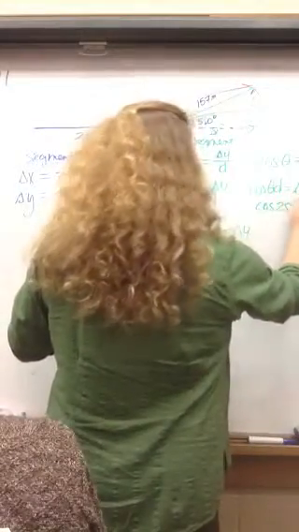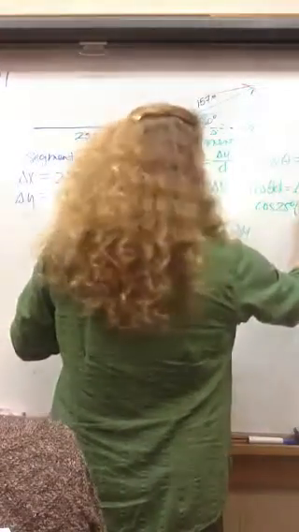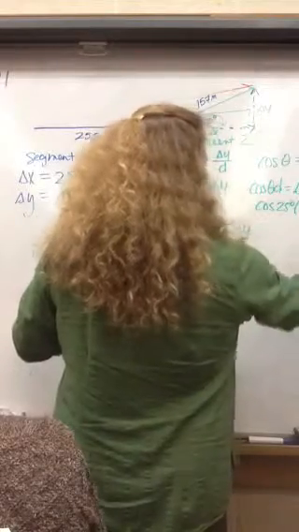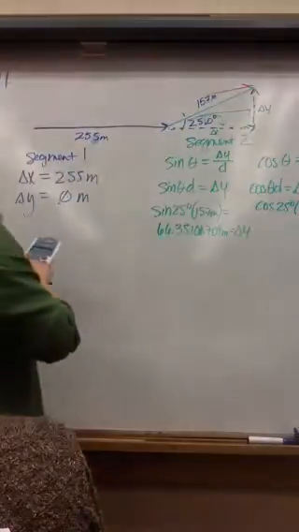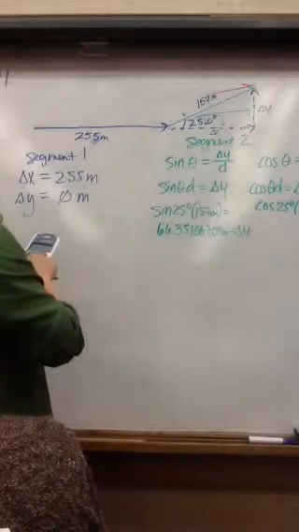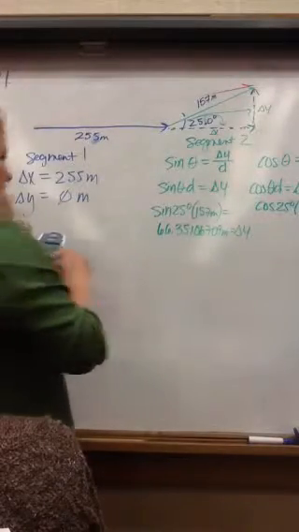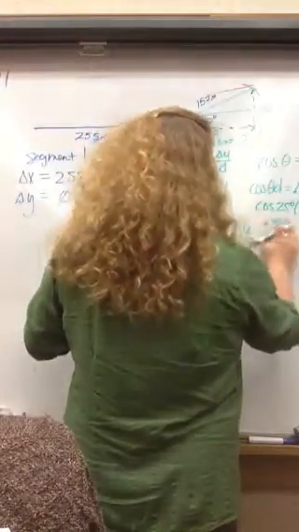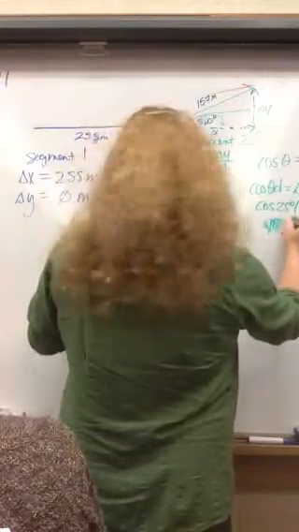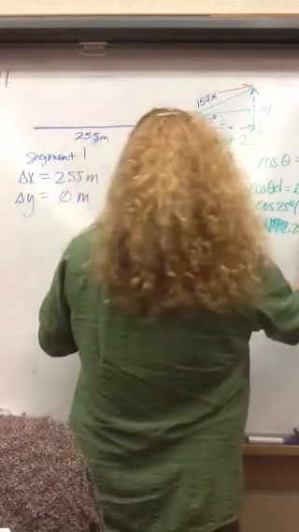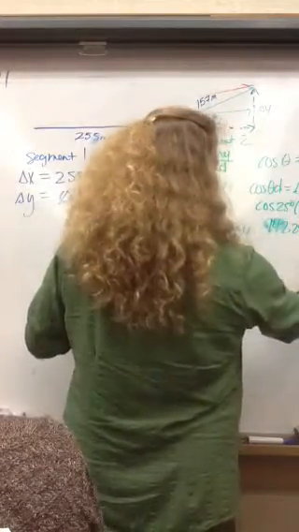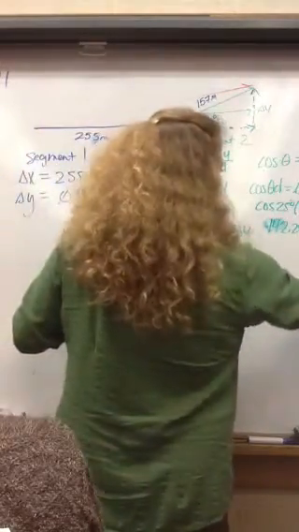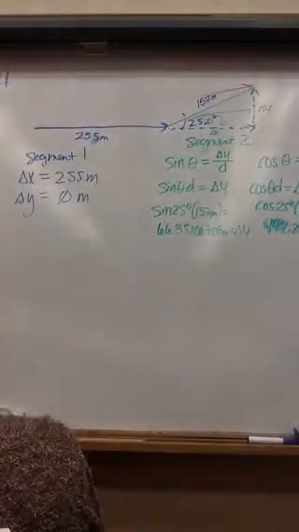Cosine of 25 times 157 meters is our delta x. That gives 142.29032, etc., which equals delta x. I know I'm off the screen.